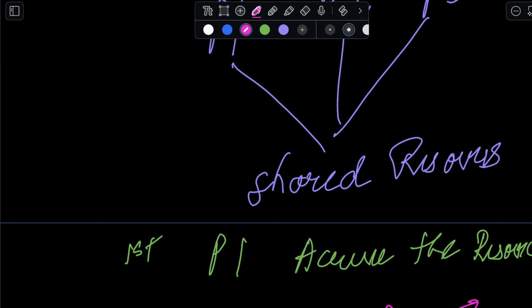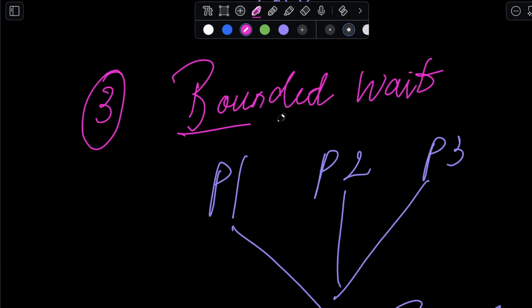It should not happen that P1 is always occupying the shared resource, right? Hence we say bounded wait. Bounded wait means that all the processes that are waiting to enter the critical section should get access.